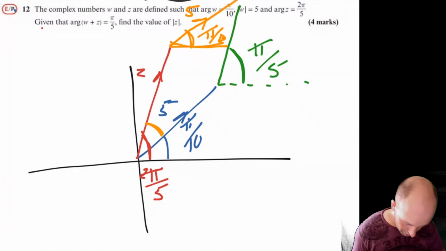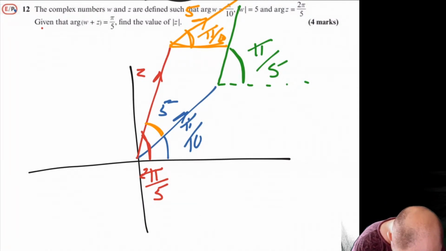I've completely forgotten what I did yesterday. 2 pi by 5 there, so we've got that angle.